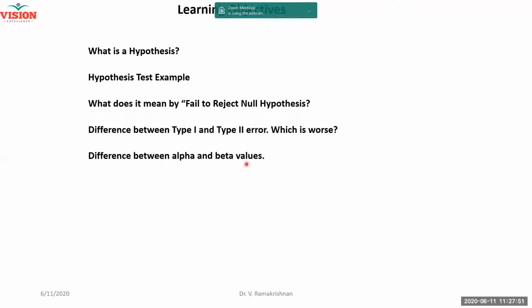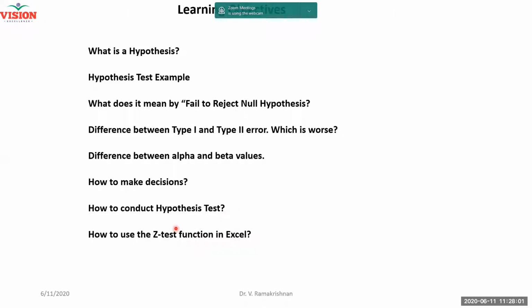Also the difference between alpha and beta value, how to make decisions, and how to conduct a hypothesis test. I will play a part here, and how to use the z-test function in an Excel sheet, you will master it by the end of the session. That I can guarantee you. And comparing two population proportions with a hypothesis test, with an example. These are all the things.